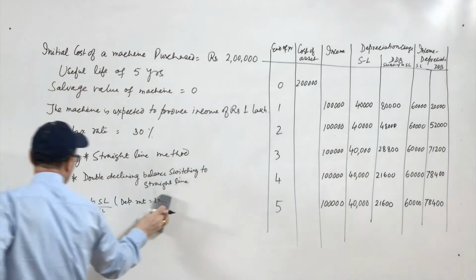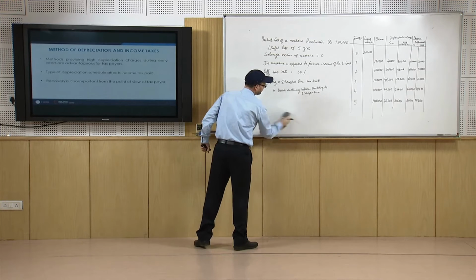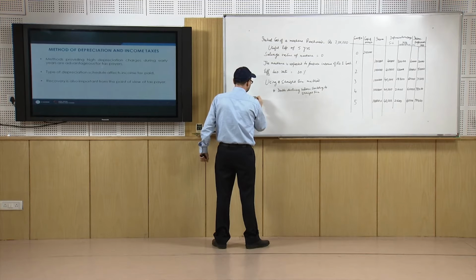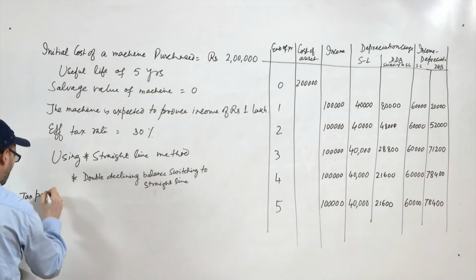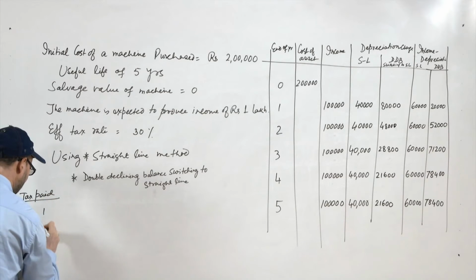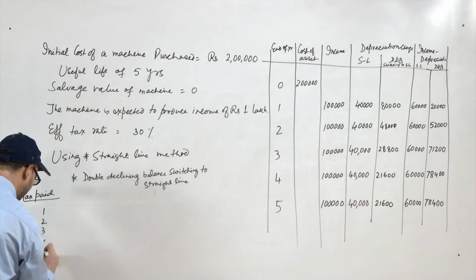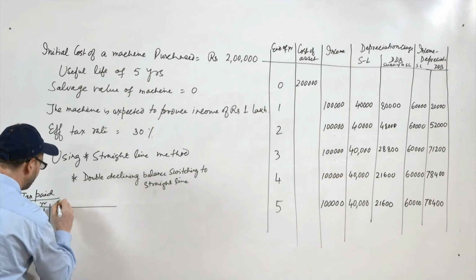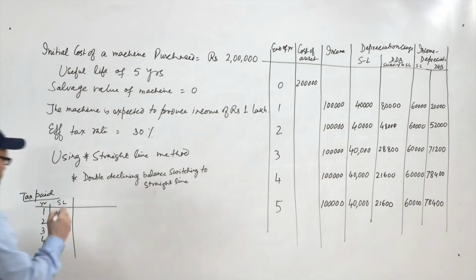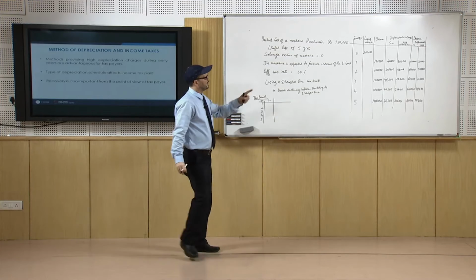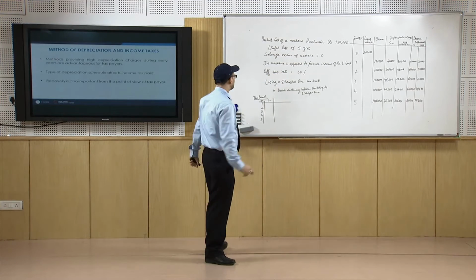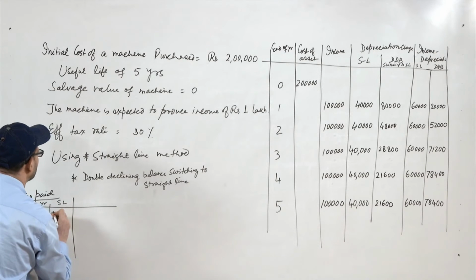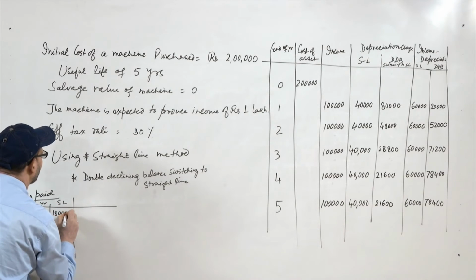Let us see how this amount will be calculated. Tax paid during the first, second, third, fourth and fifth year using straight line. Income is 60,000. Here you are paying 30%, effective tax rate, so you are paying 18,000 every year.